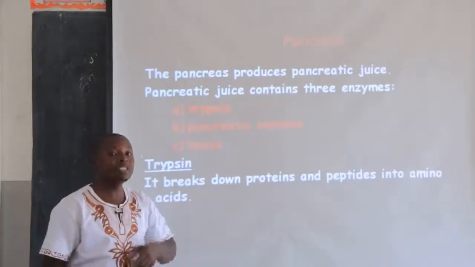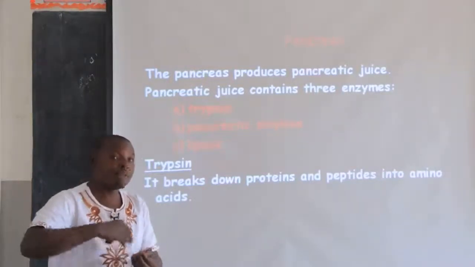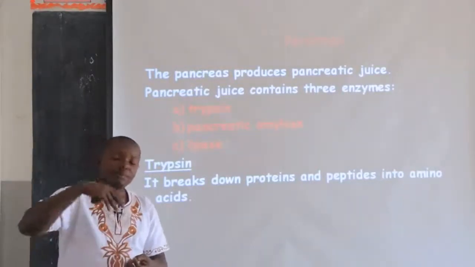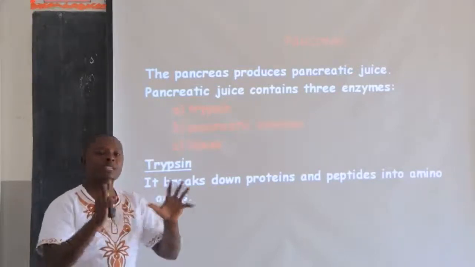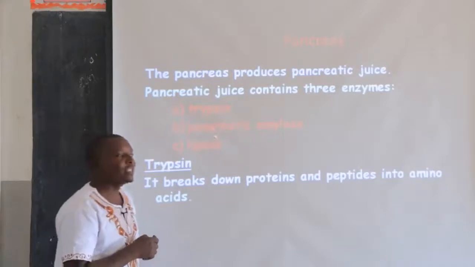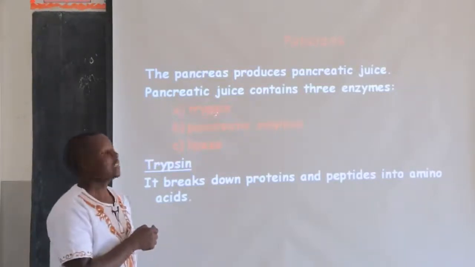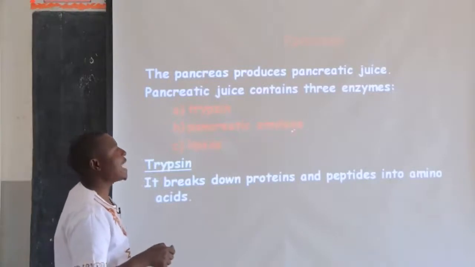Remember, when I was beginning this lesson, I said that you will be able to mention the enzymes that help in digestion of food in the duodenum. Now, these are the 3 enzymes. One is called trypsin. 2, pancreatic amylase.